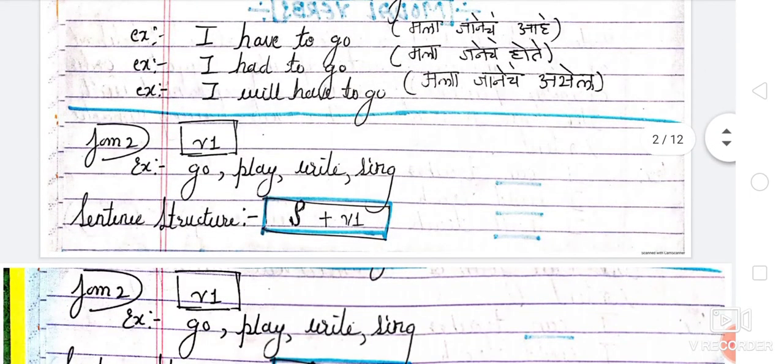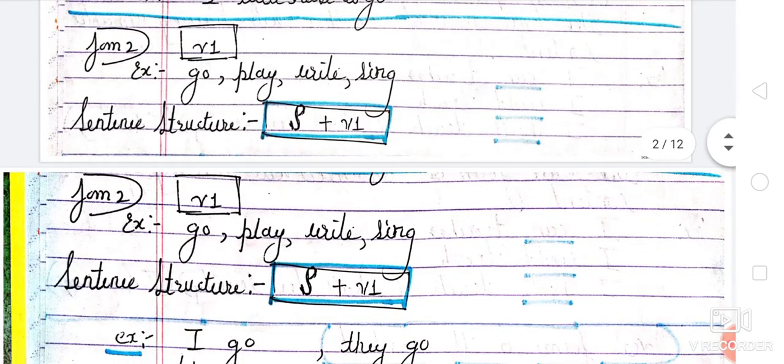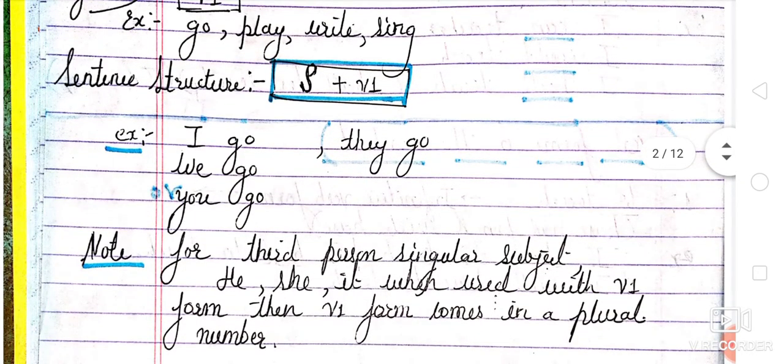Now see V1 form. What is V1 form? Subject plus V1, that is the base form of verb. For example, I go, I play. So this is the V1 form of verb. We can write like this: I go, we go, you go, they go. So this is subject along with the first form of verb.